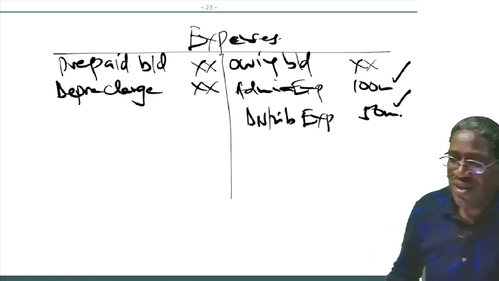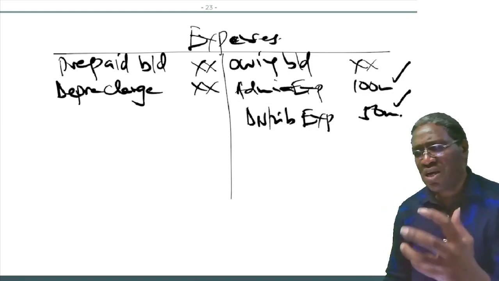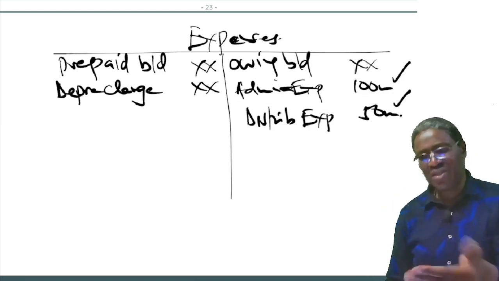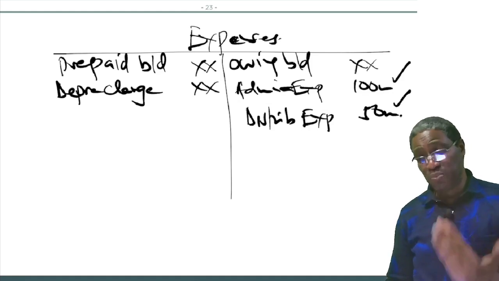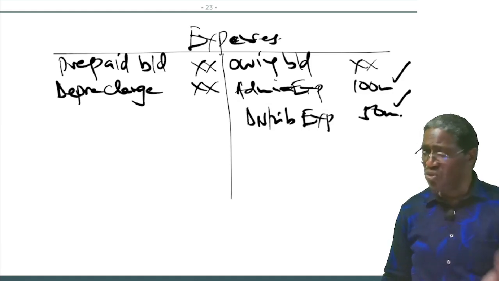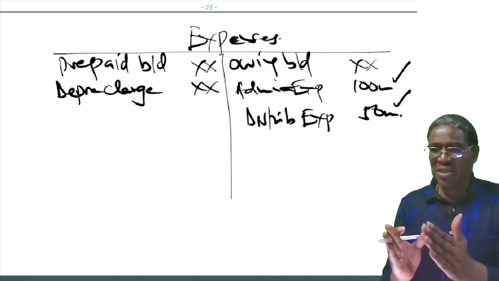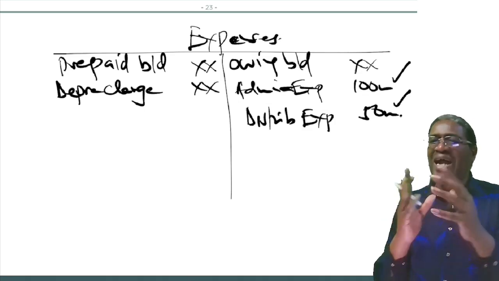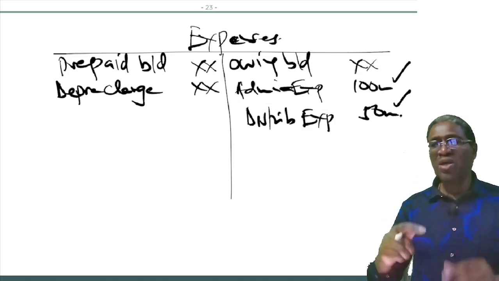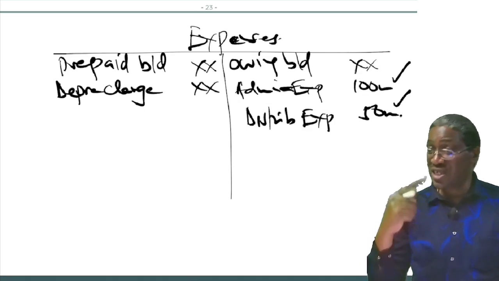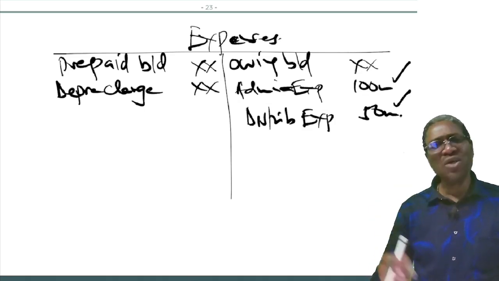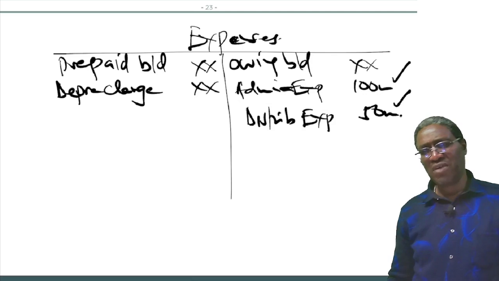That's true. Listen now, whenever as a company you anticipate that some of your debtors are likely not to pay you, you normally make a provision. When you anticipate that some of your debtors are likely not to pay you, the rule of accounting, that is the prudency concept, says you are required to provide for that bad debt.